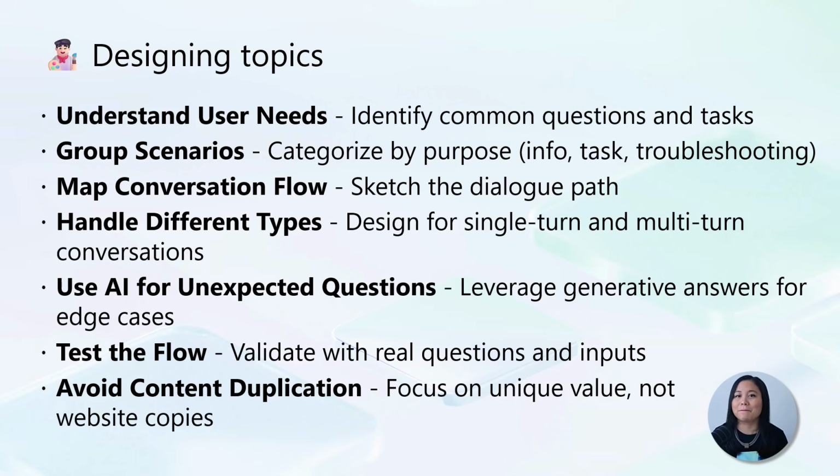From there, map out short, focused conversation flows to guide users efficiently. The key is to design for both quick, one-off answers and longer guided conversations while using generative AI to handle unexpected questions that fall outside your predefined topics.